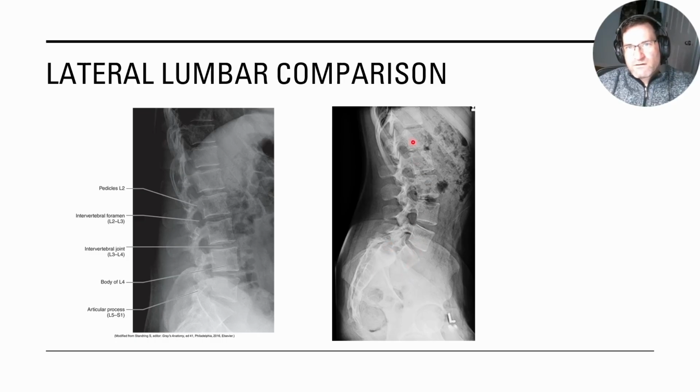We got pretty good, like all the anatomy that we needed to see for a lateral lumbar is here. It's just the contrast detail, our resolution sucks. So, like I said before, it just has to be bumped down a little bit, and a lot of it is because of the collimation and what we have going on in the abdomen.